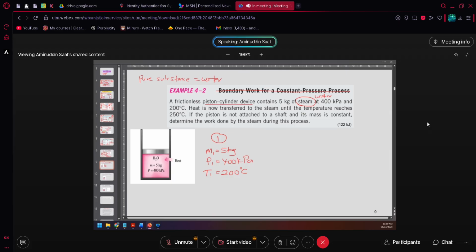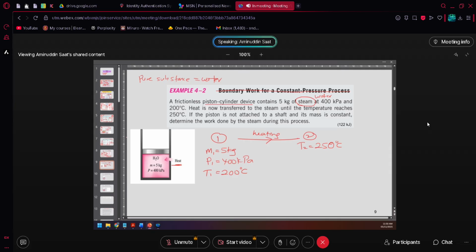Heat is now transferred to the steam, so the temperature increases. Basically, it's a heating process. Because the piston is not fixed, the piston can move.